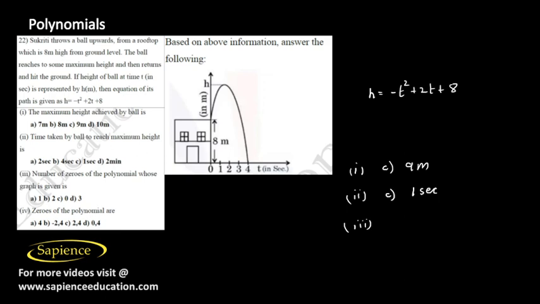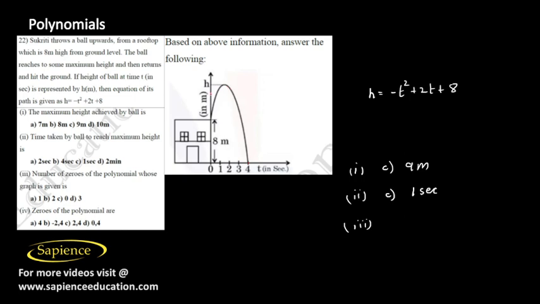Now the third question, number of zeros of the polynomial whose graph is given. So the given graph has how many zeros, that we have to find out. But we can say it is having 2 zeros because it is a quadratic polynomial. From the graph we can say it has 2 zeros. One of the zeros is 4. The graph touches the x-axis at 4, and the other zero will be in the negative value of x.